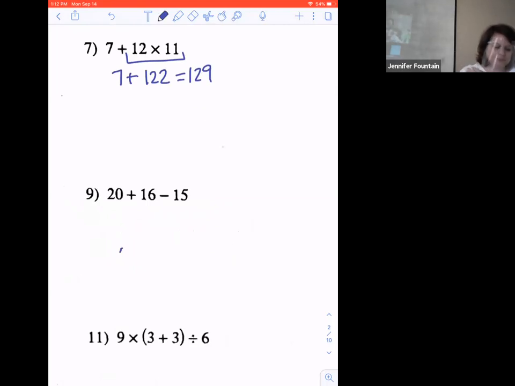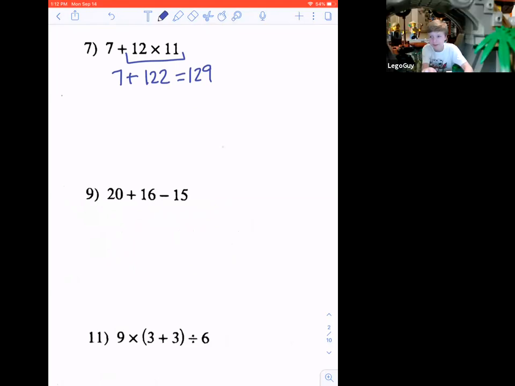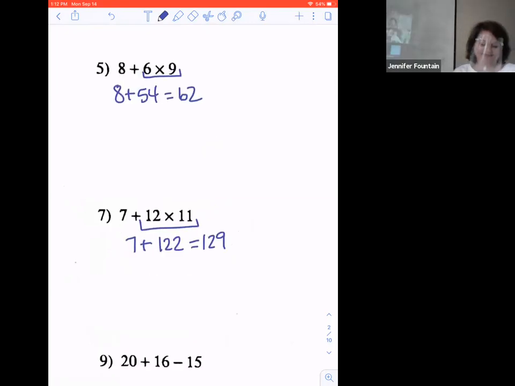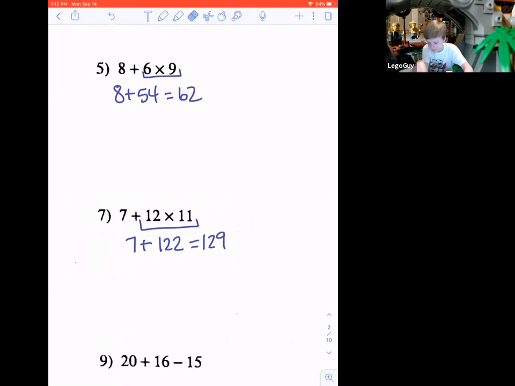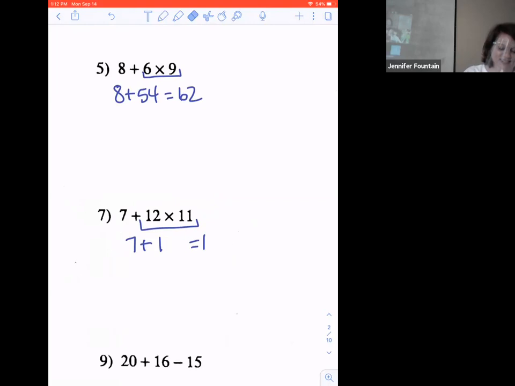Number 9. 20 plus 16 minus 15. 12 times 11 is 132. So then, what's our answer? 139.